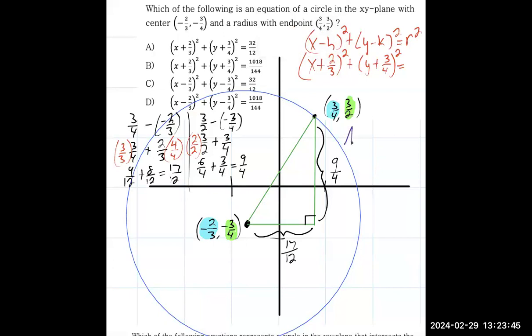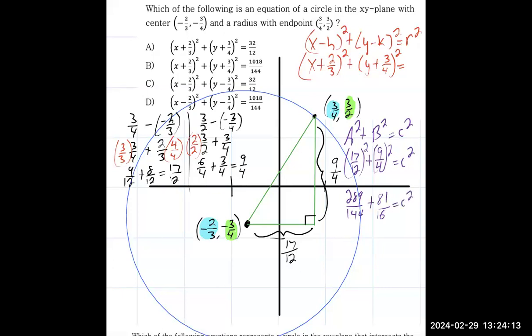We can start with a squared plus b squared equals c squared. 17/12 squared plus 9 over 4 squared equals c squared. 17 squared is 289. 12 squared is 144. 9 times 9 is 81. 4 times 4 is 16.